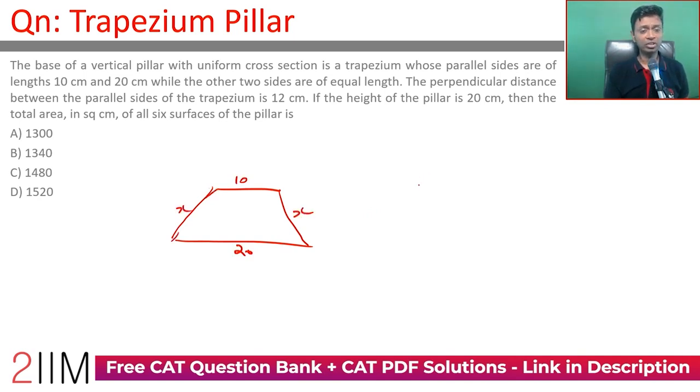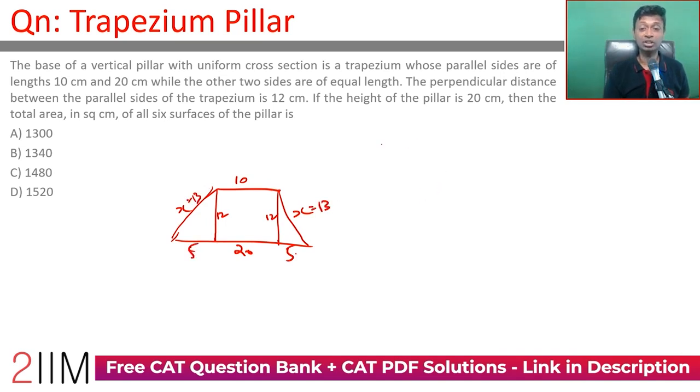The perpendicular distance between the parallel sides is 12. So this is 12. These two are equal, so it's an isosceles trapezium. So these two sides should be equal. This is 12. This should be 5. This should be 5. So x is 13. This is the base we are talking about.